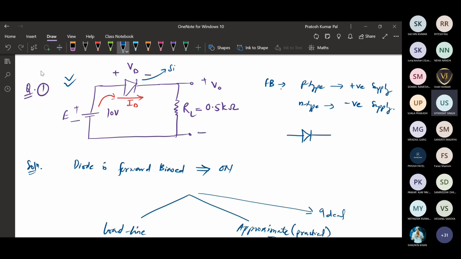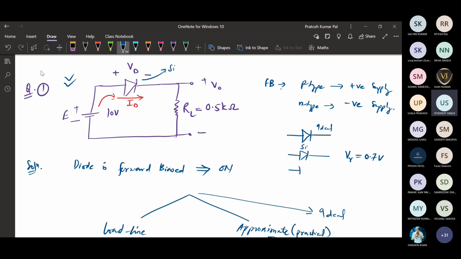If nothing is given, whether it is germanium, silicon or gallium arsenide, whatever material is used to fabricate the diode, we will consider it as ideal. If a diode is drawn and written as Si, that means it is a silicon diode, which is a practical diode. In that case, the knee voltage will be considered as 0.7 volt.